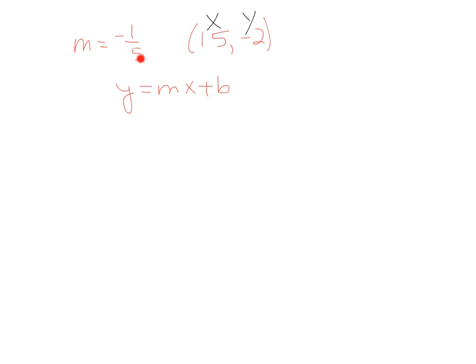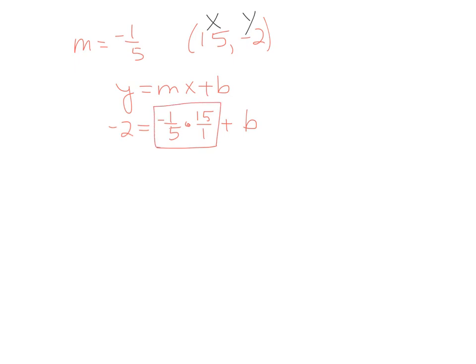Here's my slope. So y is negative 2 equals m is negative 1/5 times x is 15, plus b.